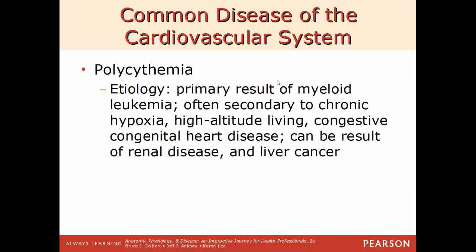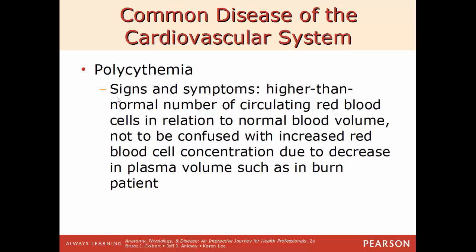Polycythemia, etiology here, is a primary result of myeloid leukemia, often secondary to chronic hypoxia, high altitude living, congenital heart disease, could be a result of liver cancer or renal disease. Alright, some signs and symptoms: having a higher than normal number of circulating red blood cells in relation to a normal blood volume, but this shouldn't be confused with having an increased red blood cell concentration due to decrease in plasma volume, such as in a burn patient.